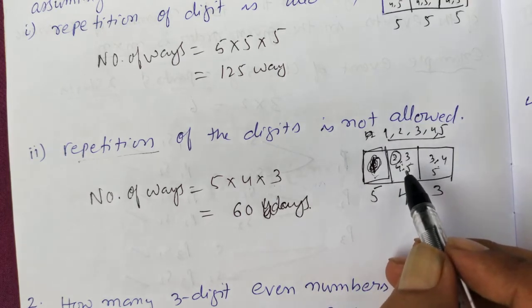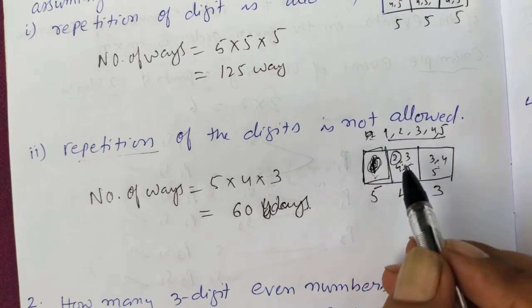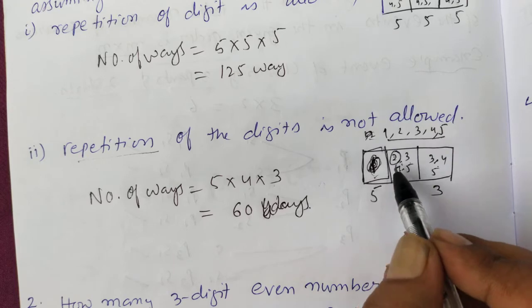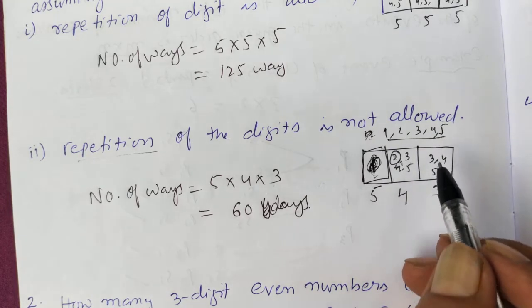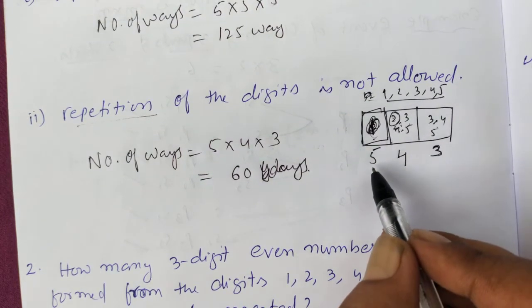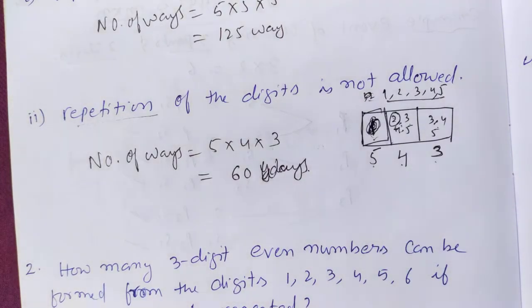That means I can use only 4 digits out of these 5. And if this 2 is fixed, I can use only 3 digits here. So the number of ways will be 5 into 4 into 3, that is 60 ways.